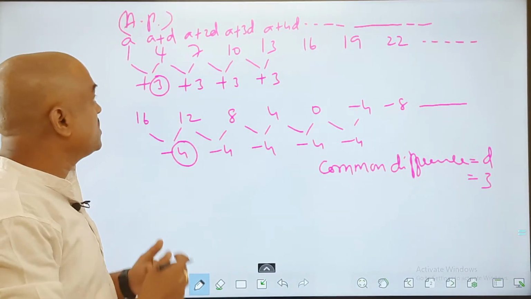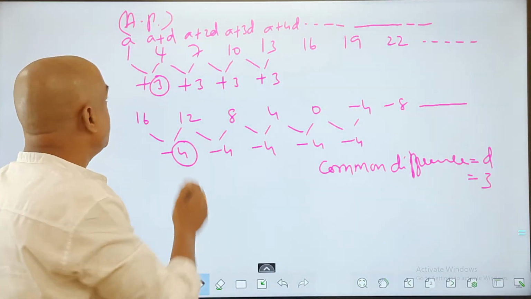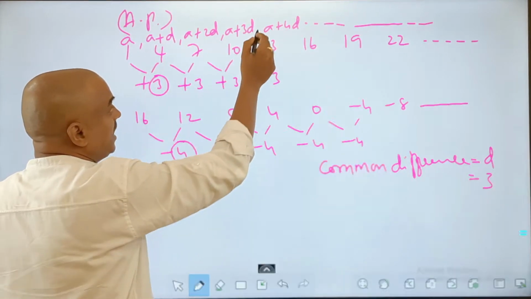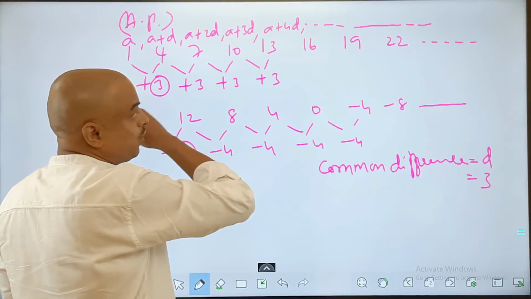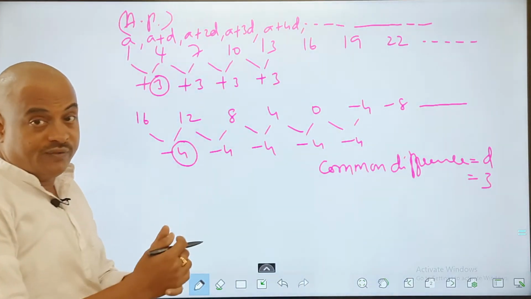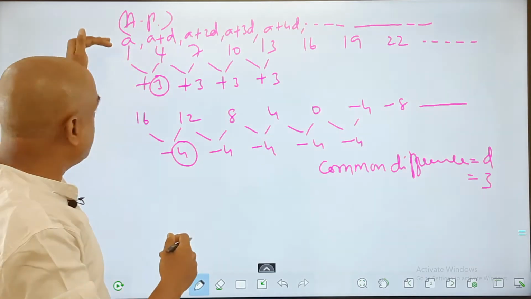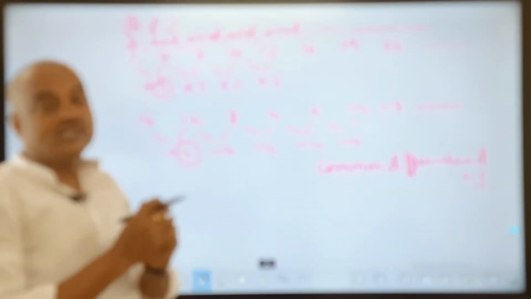So this is called an arithmetic progression. You can see A plus D, A plus 2D, A plus 3D, A plus 4D, and so on. So the value of D can be positive or negative. So this series which I wrote here is called the general series of an arithmetic progression.